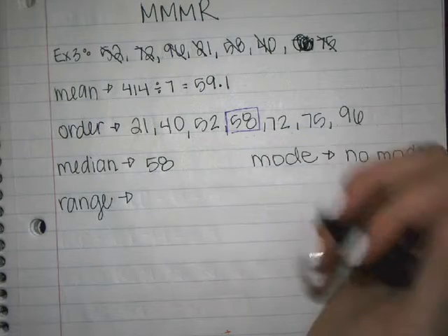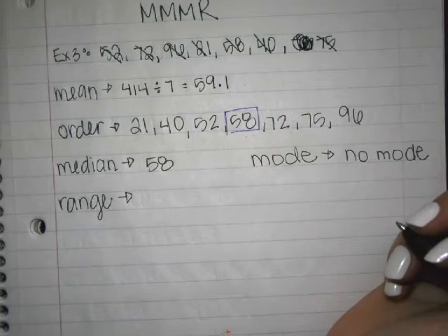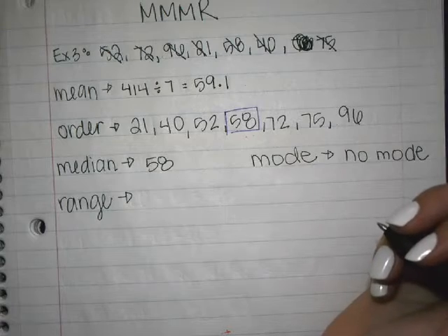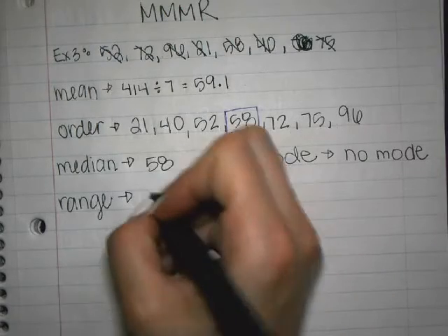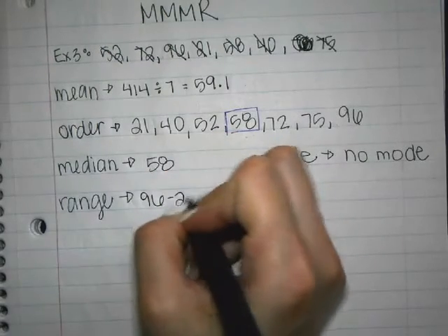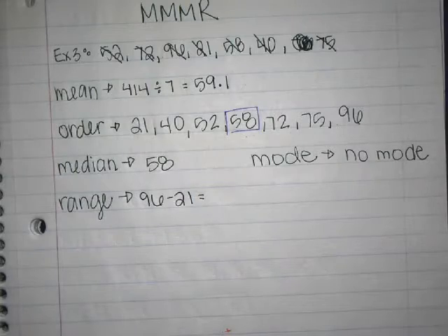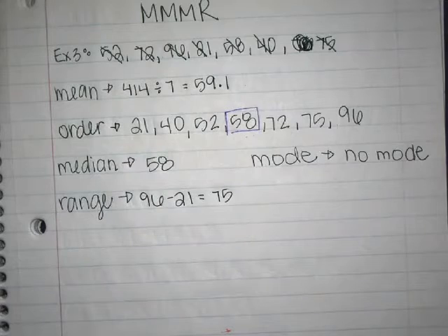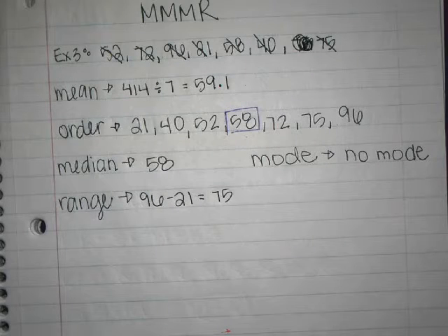How do I find the range, everyone? 96 minus 21, largest number minus the smallest number. What's 96 minus 21? So your range is 75. Questions so far?